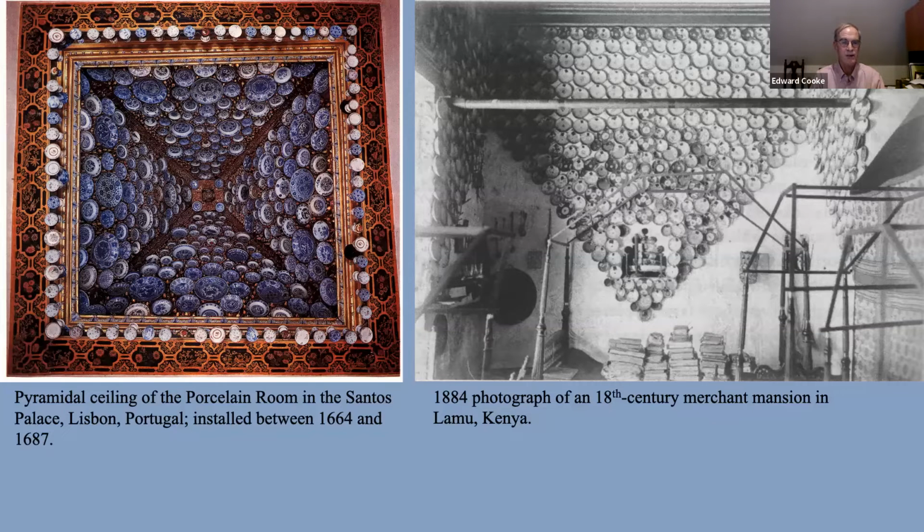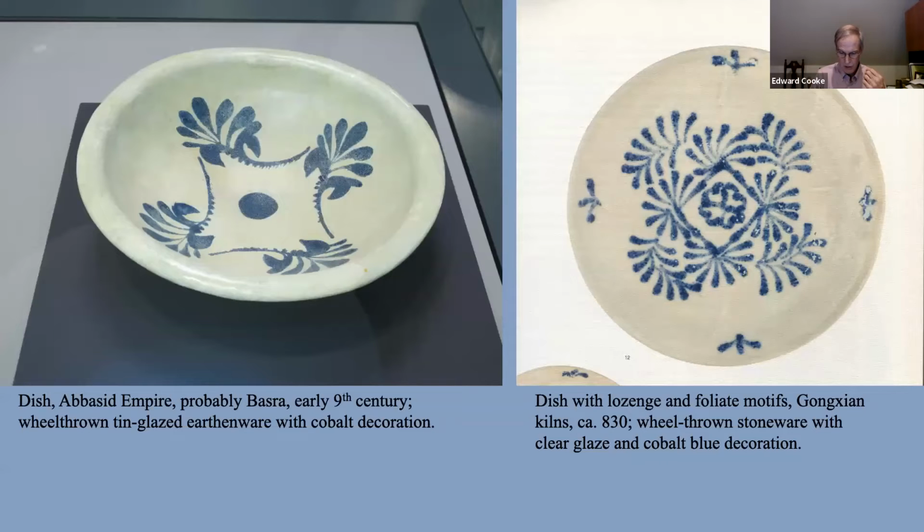This really speaks to the ways in which we have to think about these objects really as portable works of art that are being displayed in this fashion, that don't have any particular use as tableware, the way we might want to think of it now, but as decorative devices that really speak to your connections.